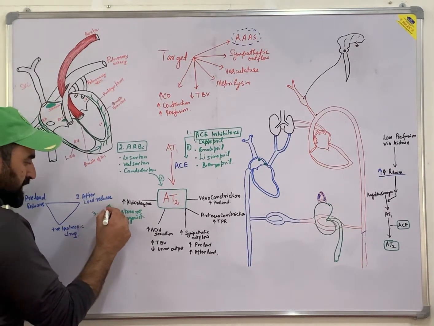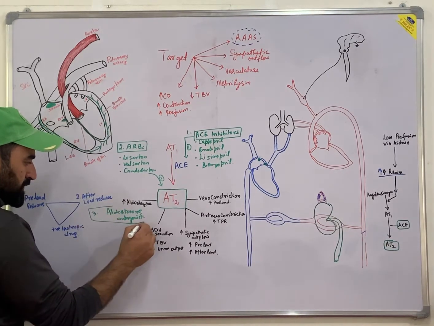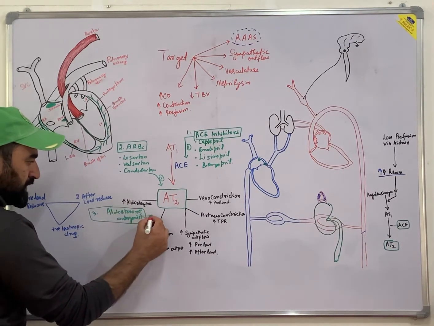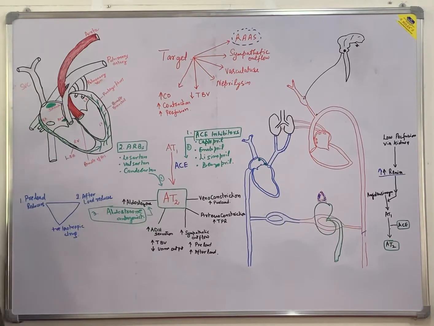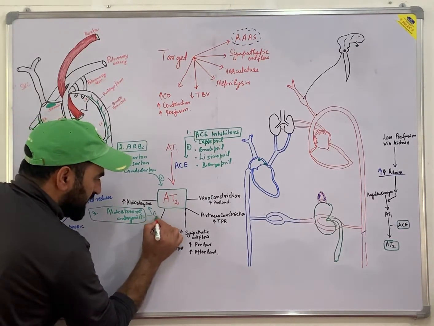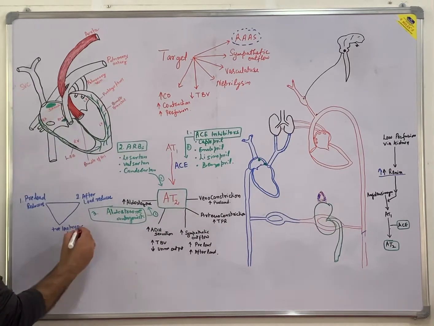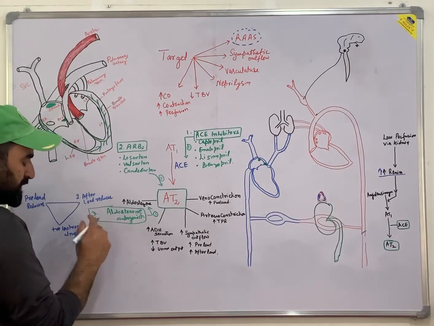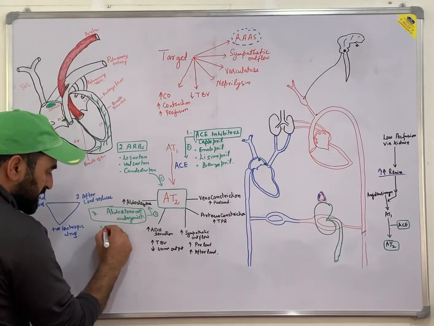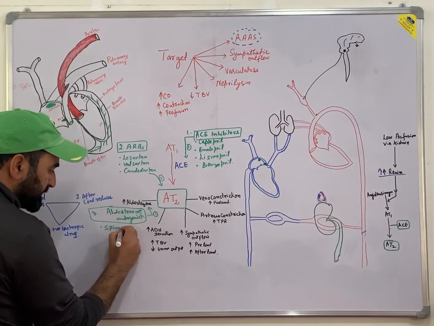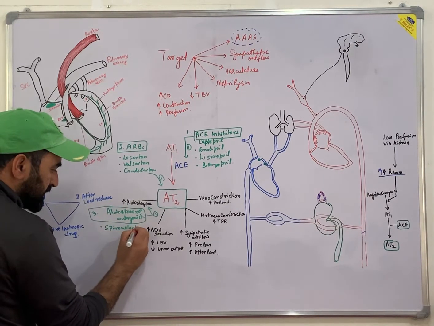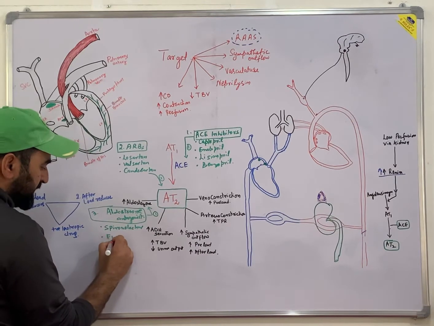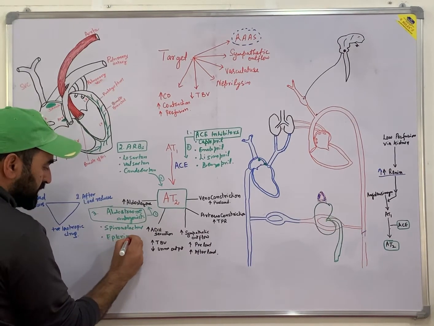What will aldosterone antagonists do? They are going to block aldosterone, inhibit the aldosterone receptors. The examples of aldosterone antagonists are spironolactone and eplerenone.